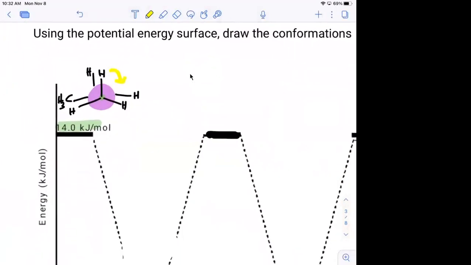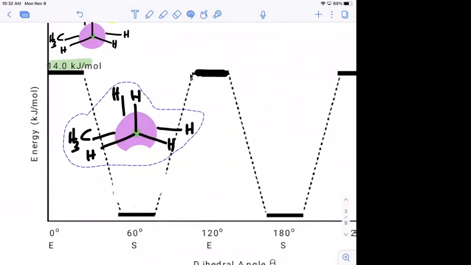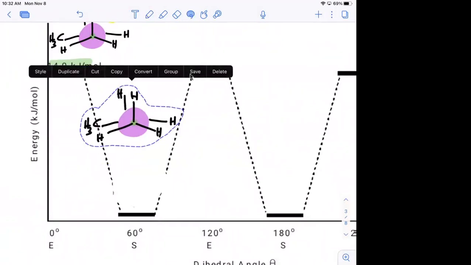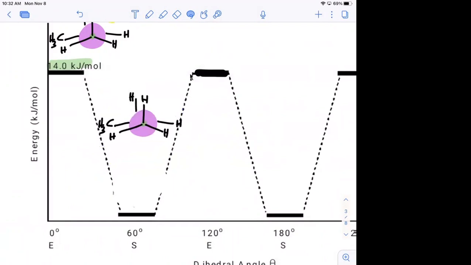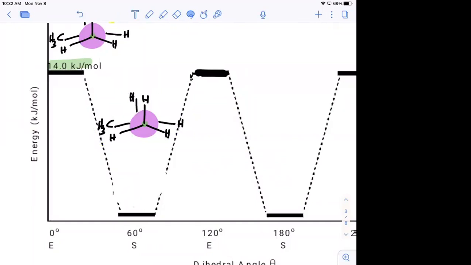What is the staggered conformation down here in this energy well going to look like? Anybody? It's going to be staggered. So let me just redraw this. I have the luxury of being able to cheat.